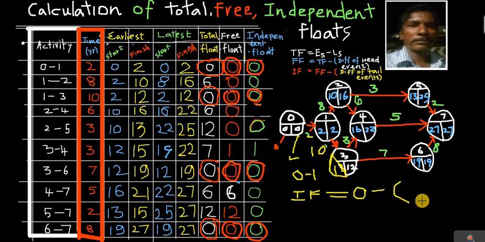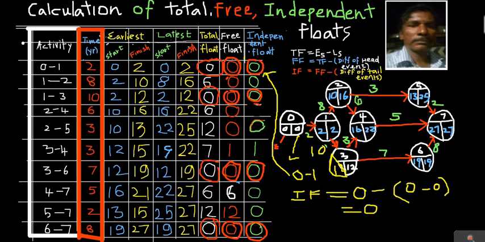So here the difference of the earliest time and latest time of the tail event is 0 minus 0. So we get 0. Therefore, for 0 comma 1, the independent float is 0. This way we are calculating.